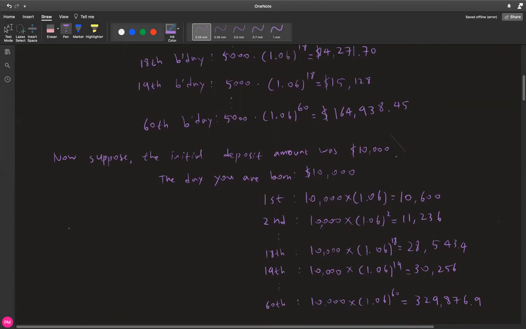So principal is directly related to the final amount.